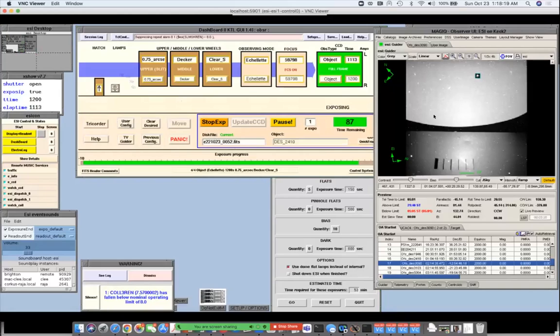What you're seeing here is a reflection of the sky in a metal plate. This star that my cursor is pointing to is what is being used to fine-tune the motion of the telescope, to keep the sky fixed in our frame, to counter the rotation of the Earth.